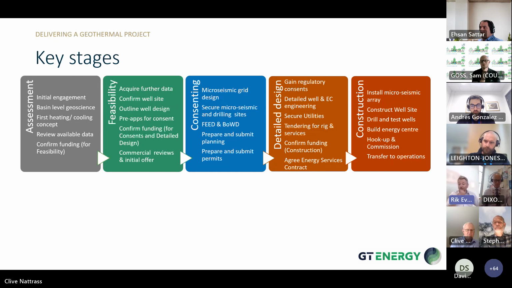Now what we're trying to do is say, well, is this concept that we've come up with deliverable? Are we targeting an area of rock that we think we can extract that heat from? Are we coming up with a well design for our doublet system, remember, that means we're not going to be crossing too many areas of challenging geology, which would make it unviable, both from a technical or indeed from a financial perspective.